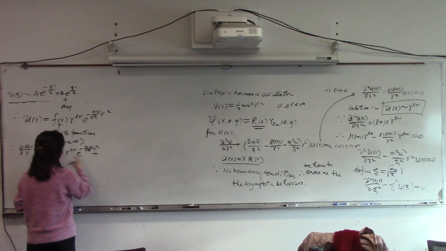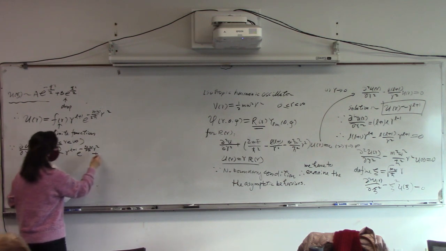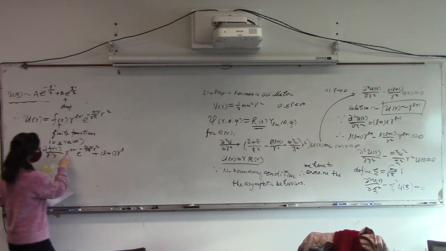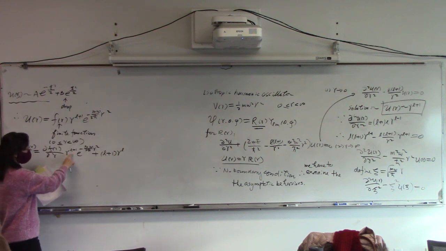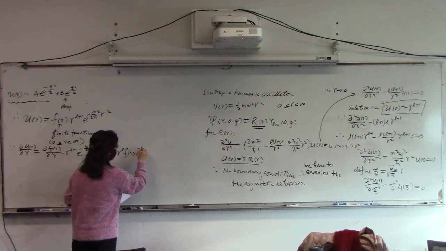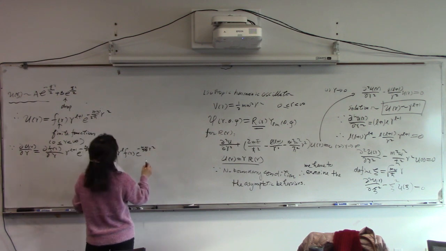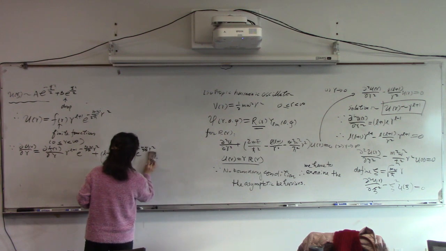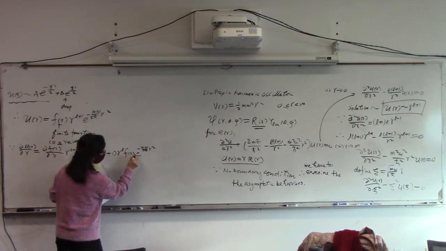Then for the second one, keep f(r), but for this one, it is l plus 1, and r to the l power, because l plus 1 and minus 1 gives l power, and f(r) and the exponential. The third term is negative.